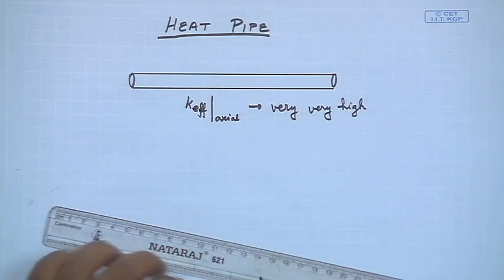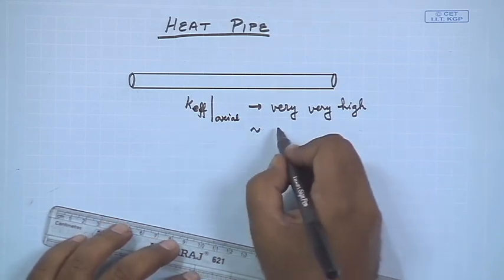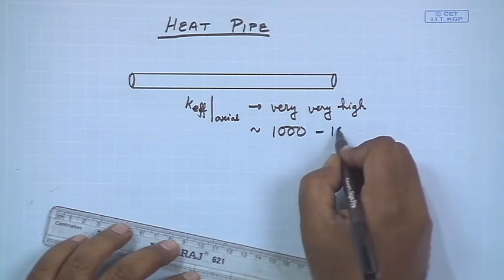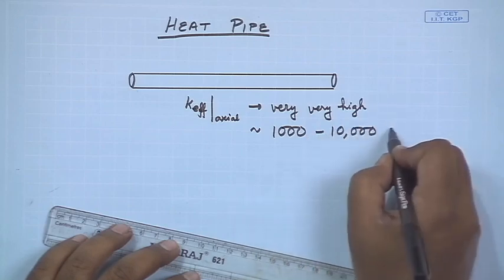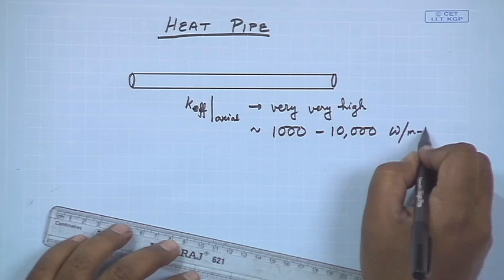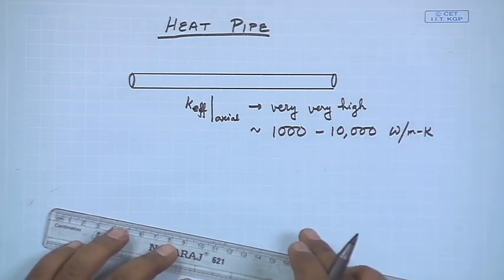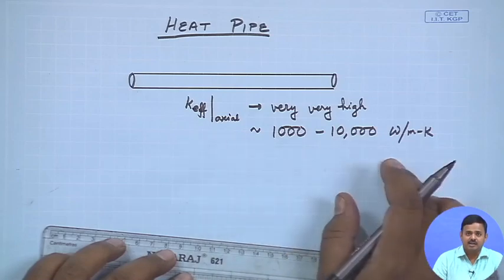Now what do I mean by very high? It is of the order of 1000 to 10,000 watts per meter Kelvin, depending on a variety of parameters which we are going to discuss later. Now is this number high?